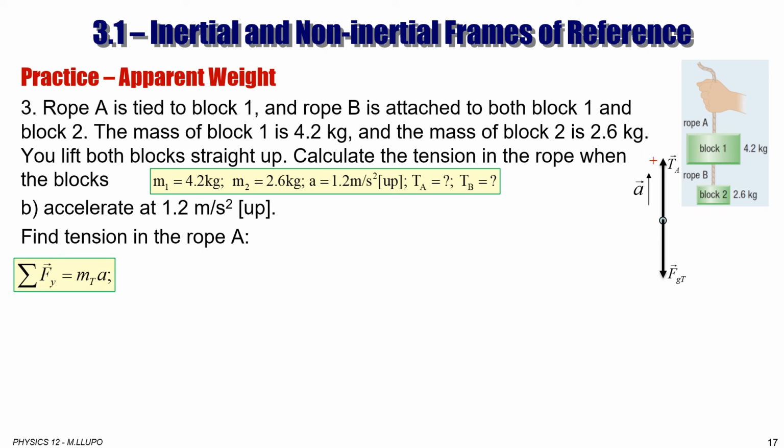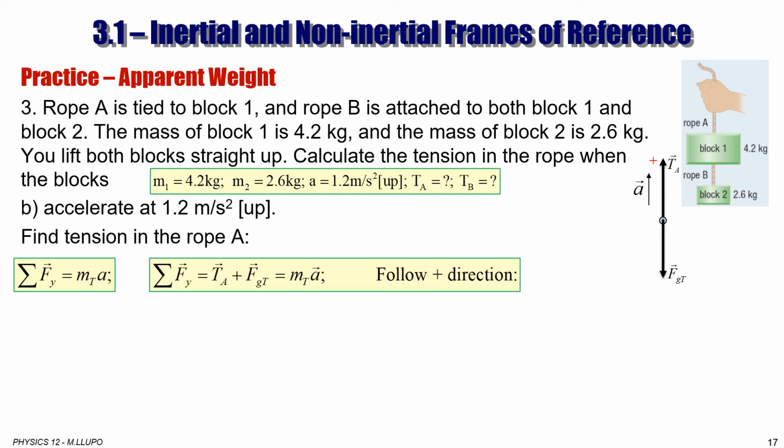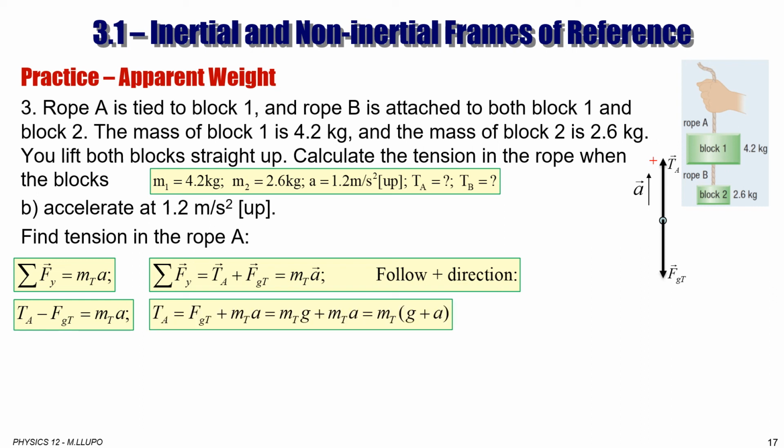Next one would be apply a second Newton law this time on a y-axis. So sum of all forces is equal to m total a. So how many forces do we have? 2. TA and Fg total is equal to m total a. We follow positive direction, so TA minus Fg total is equal to m total a. So TA is equal to, we move Fg total on another side of equation, and that becomes positive.